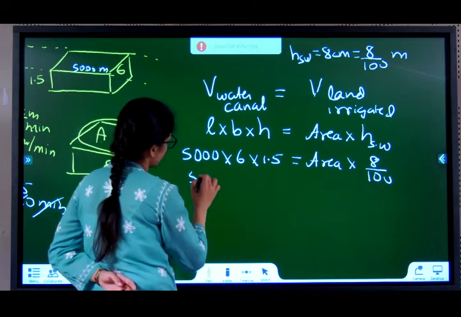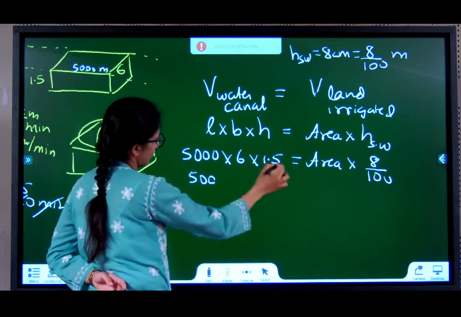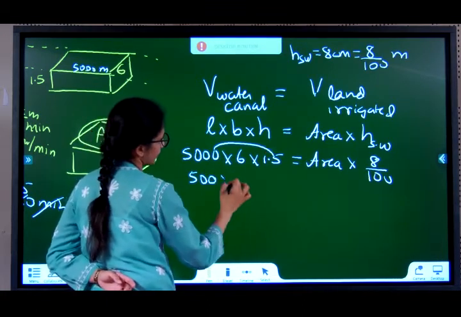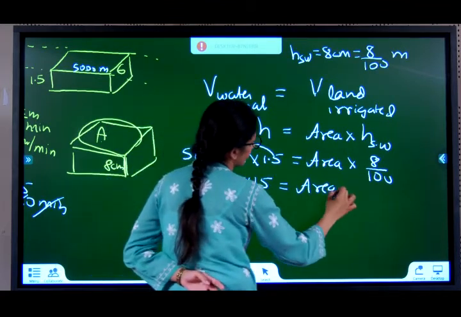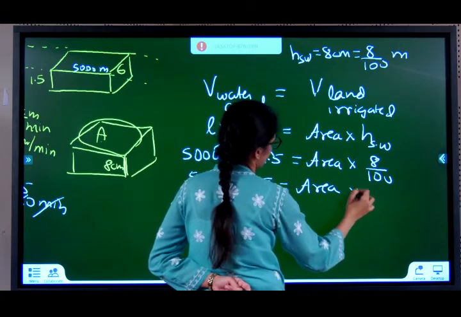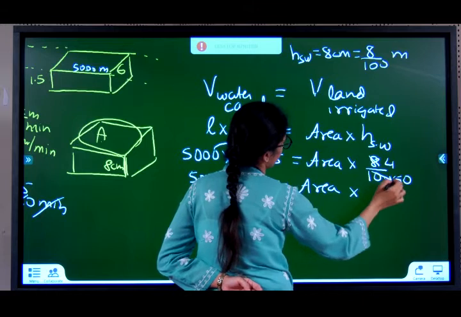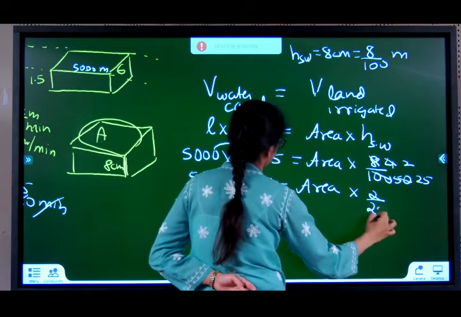On solving this, 5,000, so we will take this 10 and use it to multiply it with 1.5. So 500, use this 10 with this, into 6 into 15 is equal to area into 25 by 2.